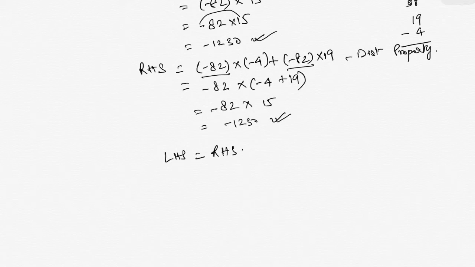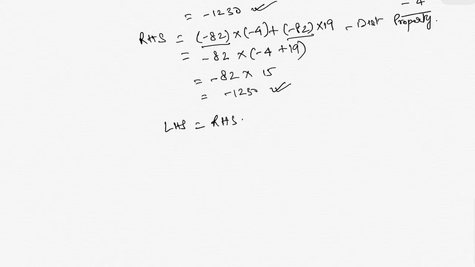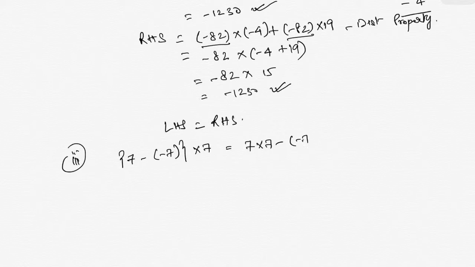So this is proved. Now let's see the third problem. The third is 7 minus 7 into 7 is equal to 7 into 7 minus 7 into 7. Okay, first take the left hand side. 7 minus 7 into 7.